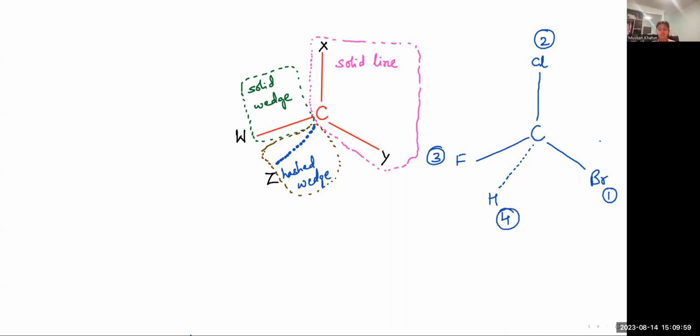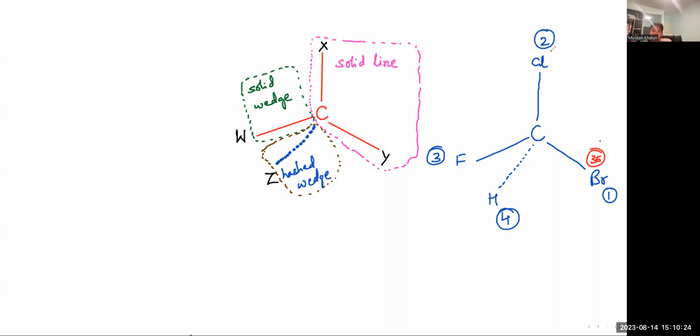If I look at bromine, I'm going from the highest to the lowest. Bromine has the highest atomic number, 35, so its priority number should be 1.